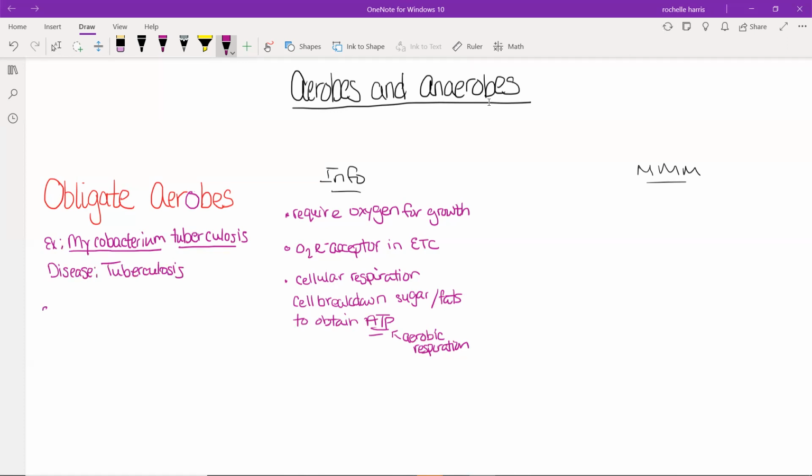Another example, we have Pseudomonas aeruginosa.